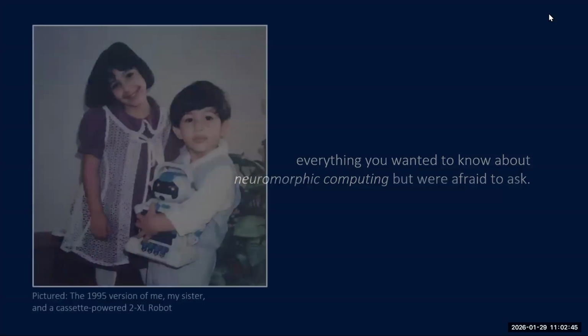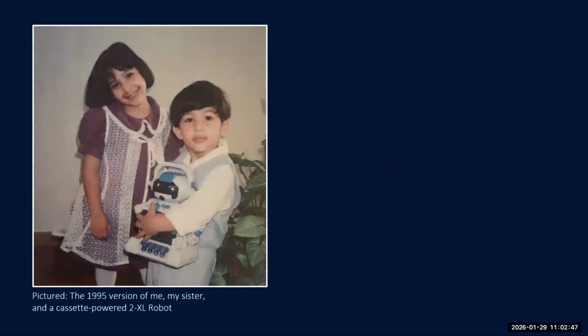Before we go into AI and brains and all the fancy stuff, I want to take a step back, 30 years back. This is me when I was 3 years old. This is my sister, Tash, and this is Tash's 2XL robot. I was too young for the 2XL.